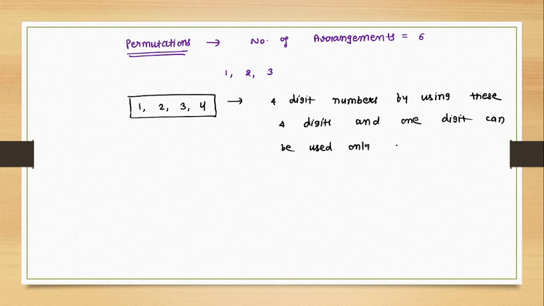So we have to create 4-digit numbers. First of all, tell me, on the previous page we created 6 numbers by using 1, 2, 3. Which are these 6 numbers?